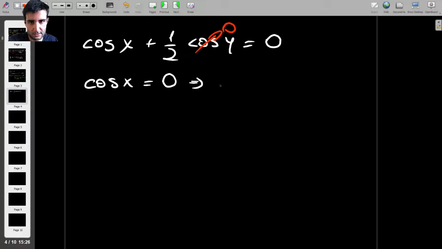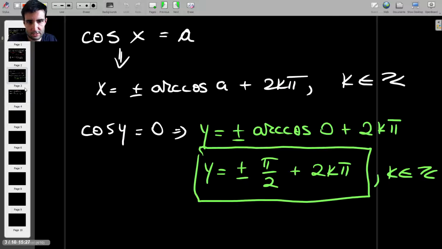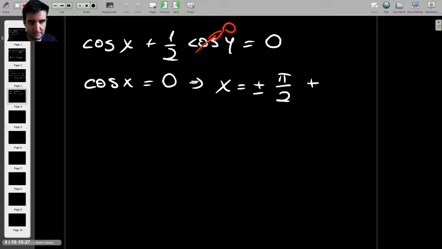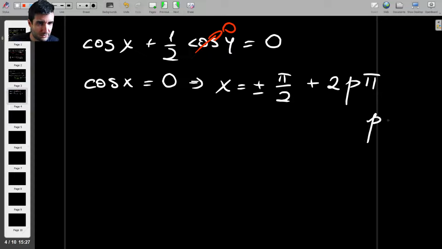So we get the same thing, right? So we have x is plus or minus pi over 2 plus, now I'm not going to use k anymore because x and y are independent from each other. So this is going to be, let's say, 2 multiplied by p multiplied by pi, where p is just another integer.